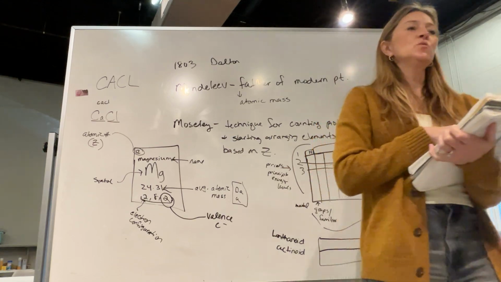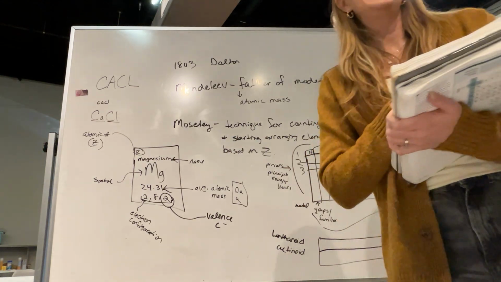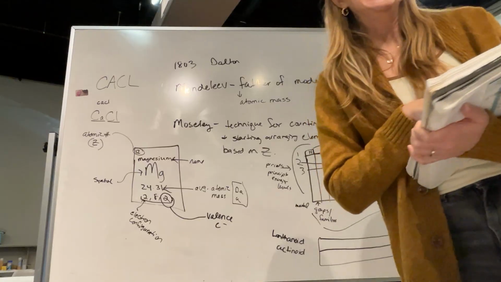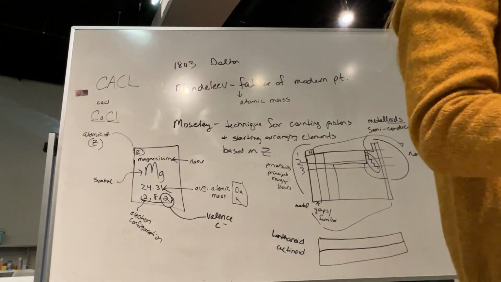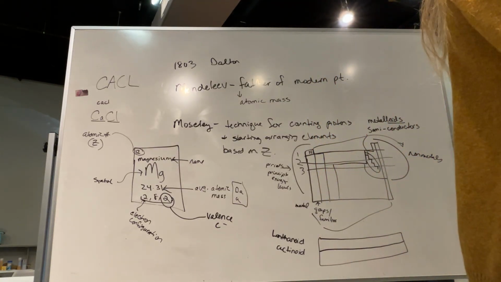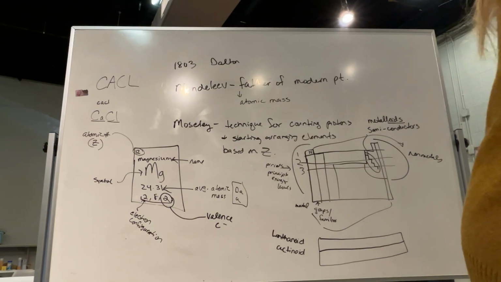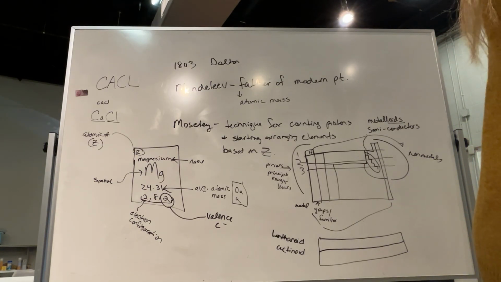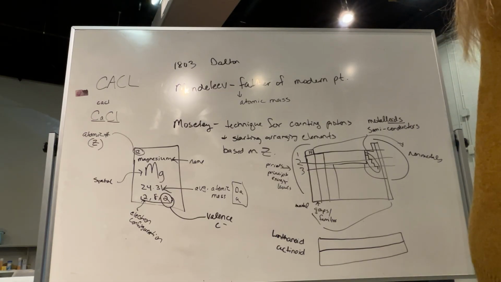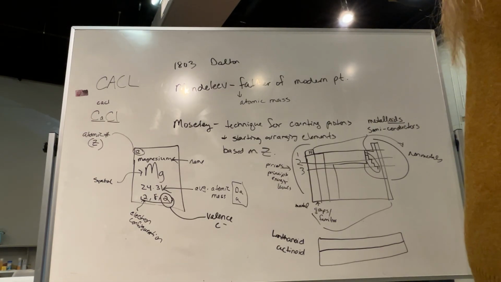Do you want to ask one of your peers? Is it 7? Look at the number at the top. You're right. You can do it based on the groups: these have 1 valence electron, 2, skip all of these, go to 13. These all have 3, 4, 5, 6, 7, and 8.